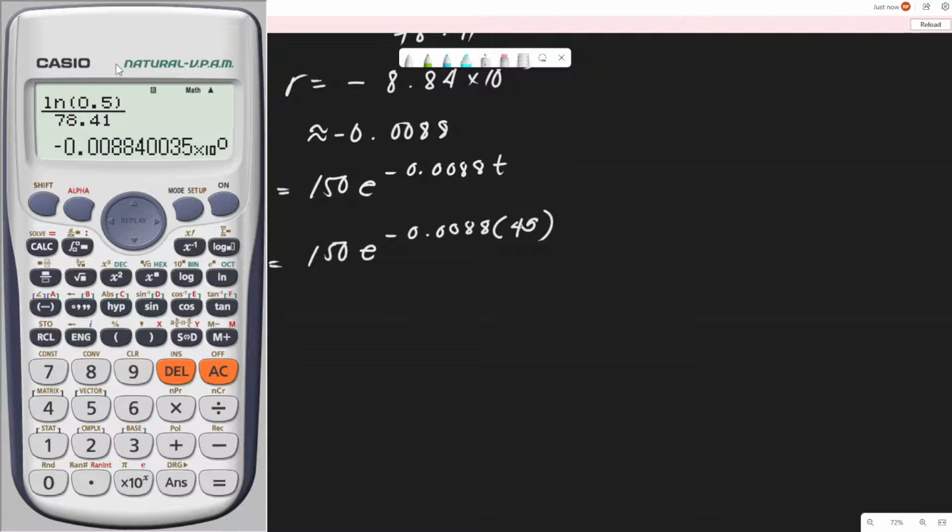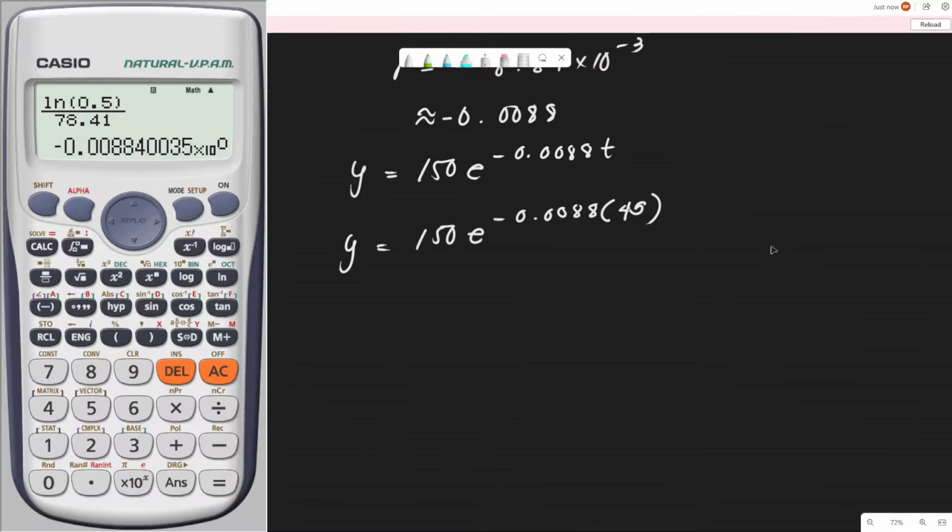So for our y, that is 150 e raised to negative 0.0088 times 45, and we will have 100.95.